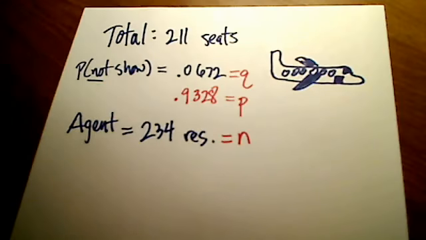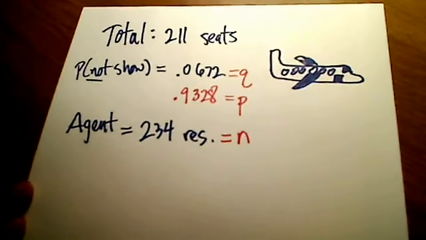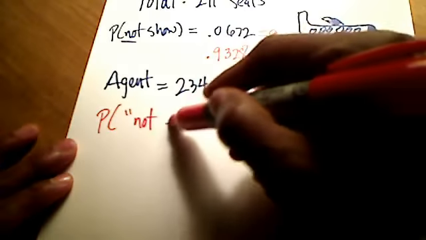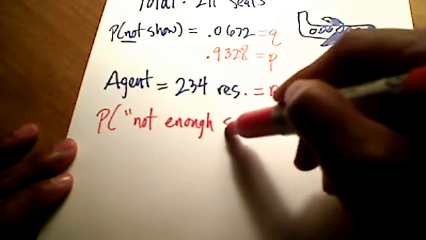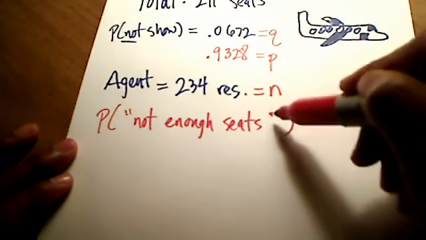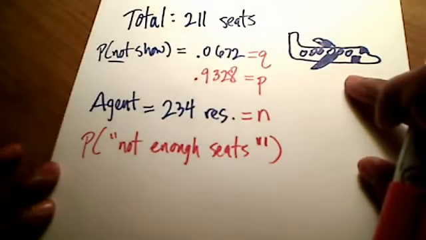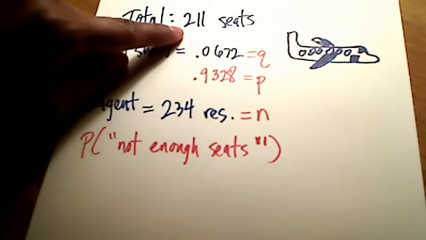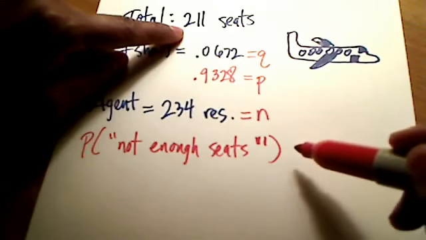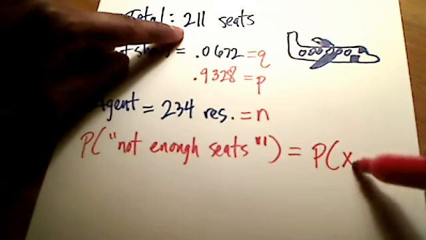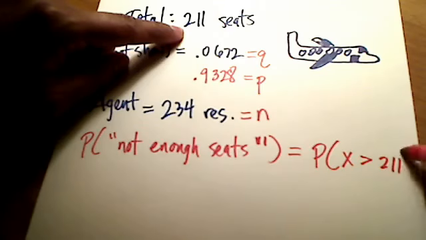Alright, what they're going to ask us in this question is to find the probability that we do not have enough seats. Now, think about this for a second. If this cheesy little airplane of mine can hold 211 seats, what they're really asking for here is to find the probability that x is greater than 211.